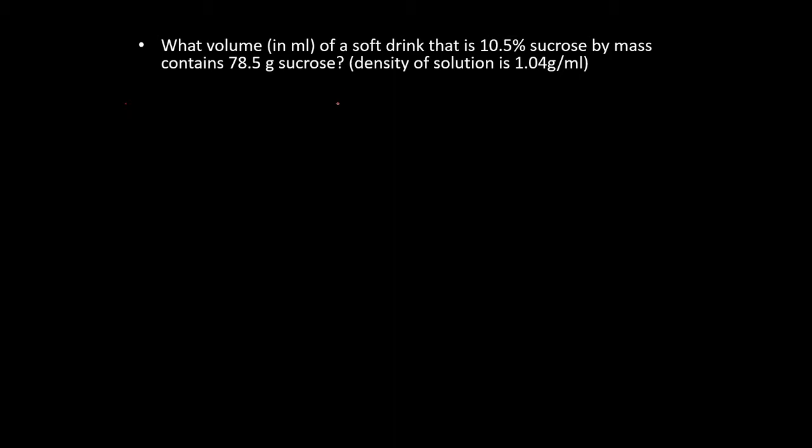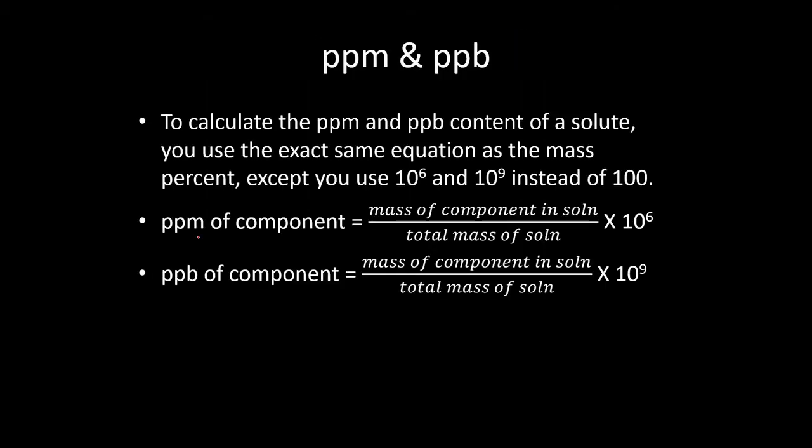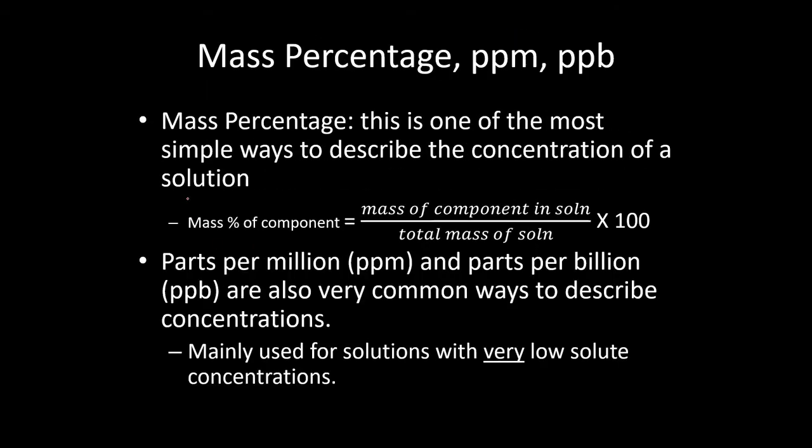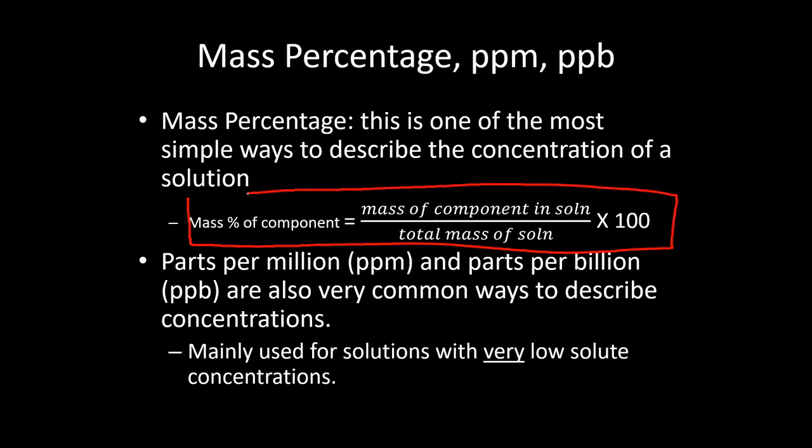Instead, what you should realize is that we're given the concentration in a mass percentage. And we're also given the mass of the solute that we have in our solution. And so what we're going to do is look at the equation for that concentration.